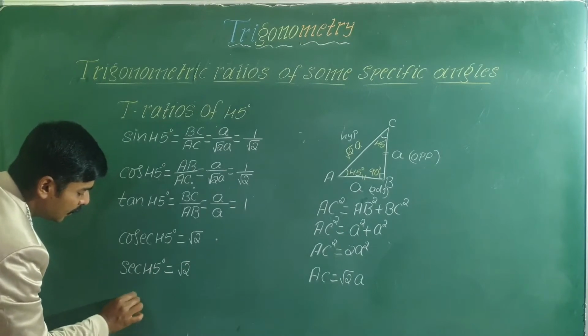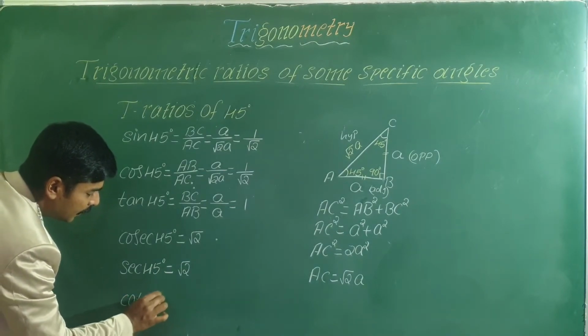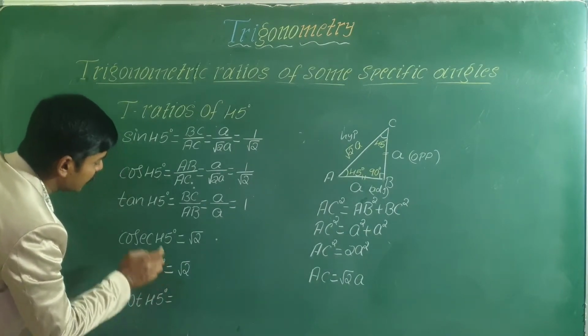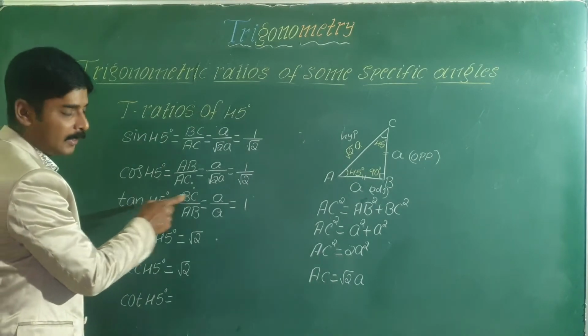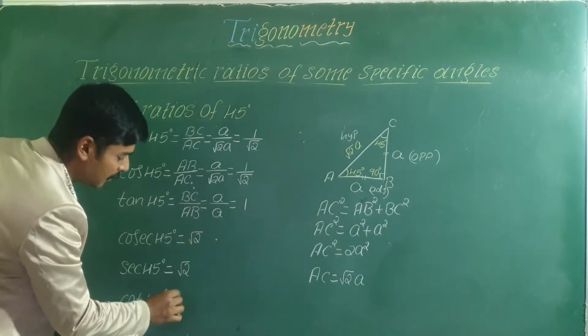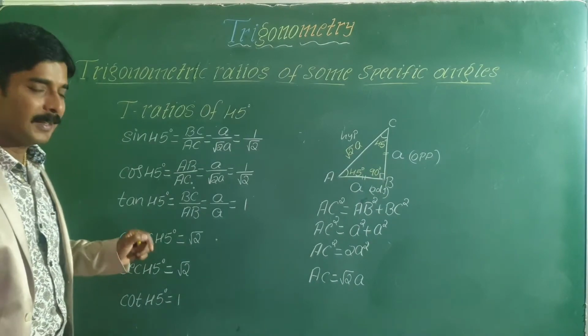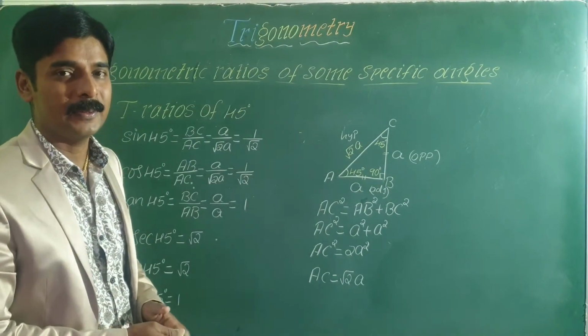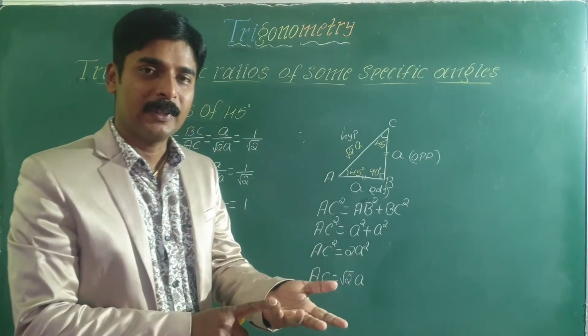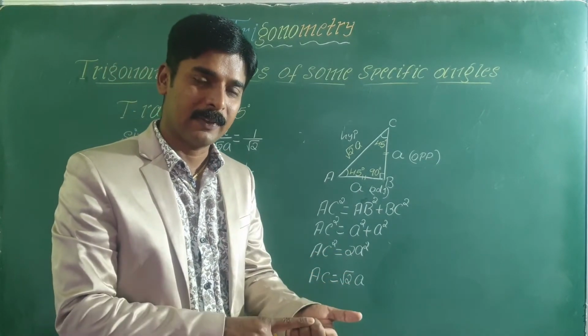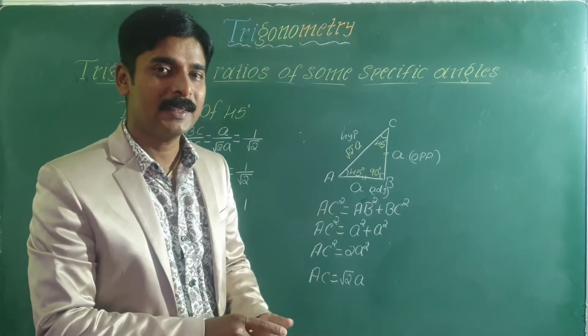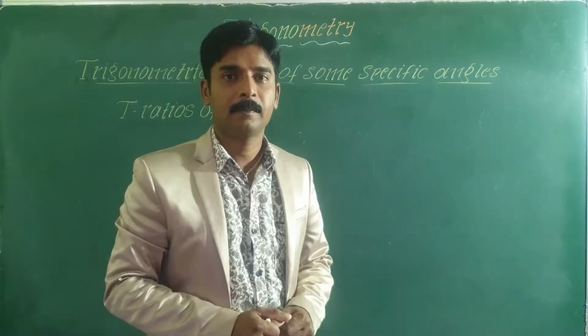Finally, we have cot 45 degree. That is the reciprocal of tan. Reciprocal of 1 is 1 by 1, that is 1. So this is how we will find the T ratios of 45 degree. So we have finished 0 degree, 30 degree, 45 degree and 60 degree. Remaining is 90 degree. Okay.